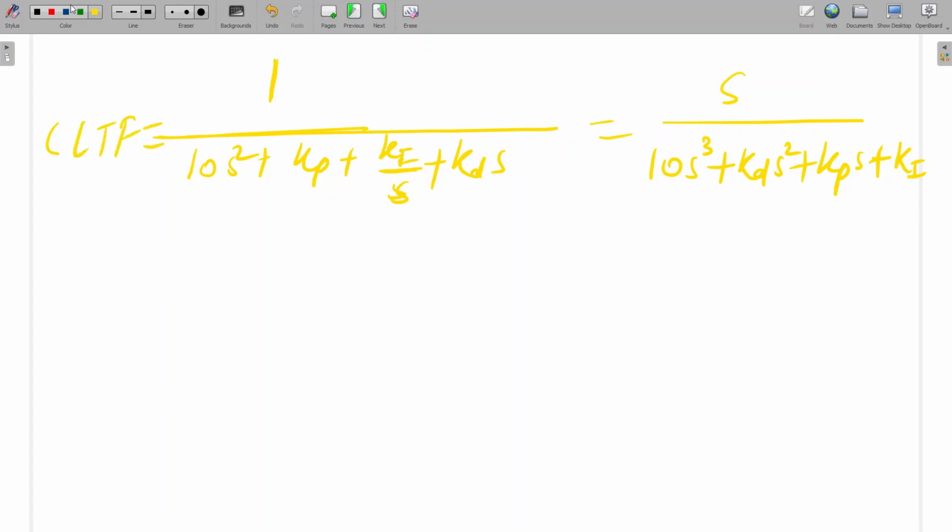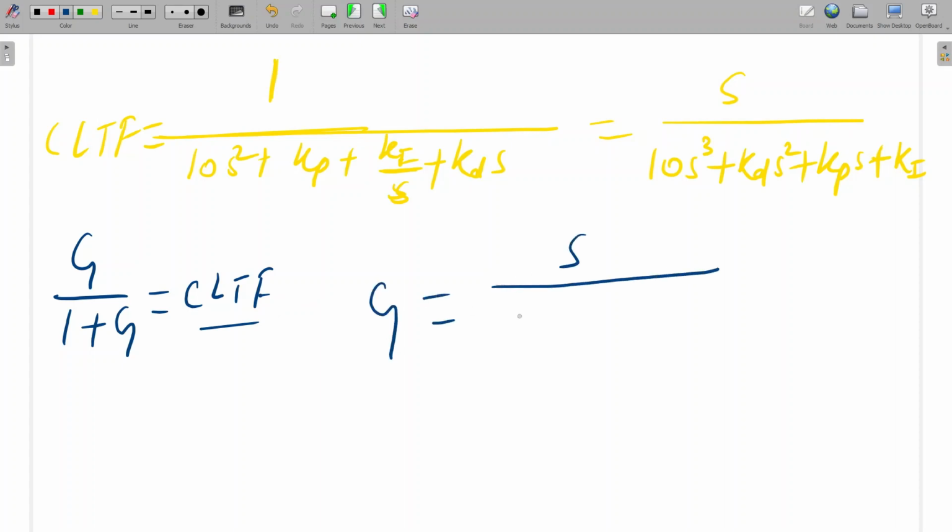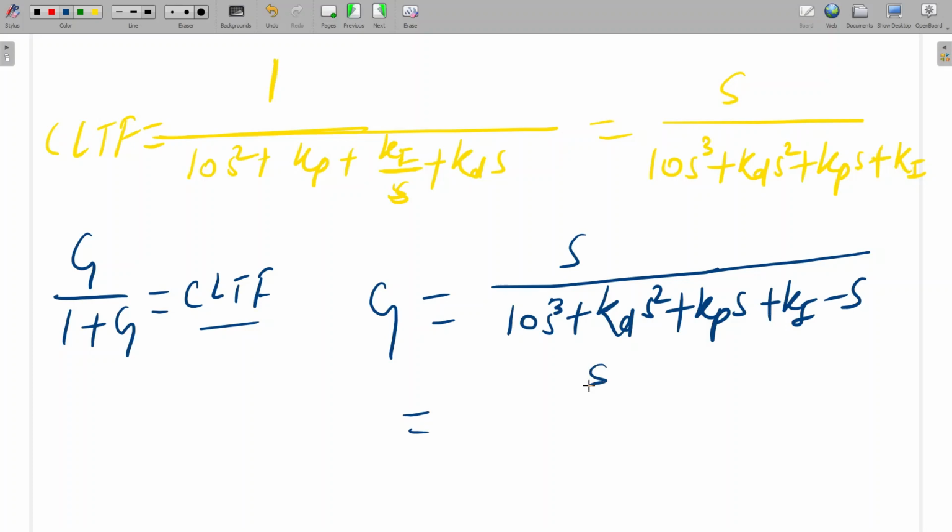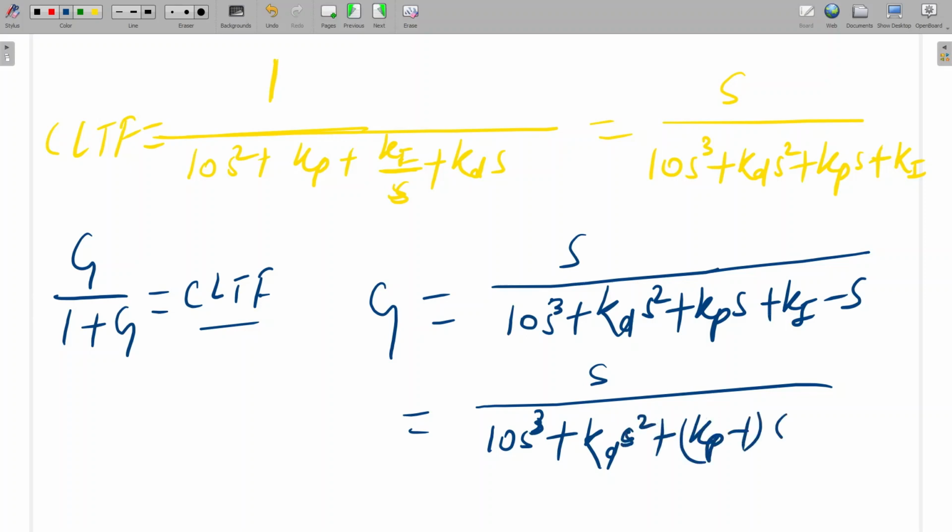Then we equate it with G by 1 plus G, which is equal to the CLTF. Then G will be equal to S divided by 10 S cube plus Kd S square plus Kp S plus Ki minus S. That will be equal to S divided by 10 S cube plus Kd S square plus (Kp minus 1) into S plus Ki. What is the type of the system?